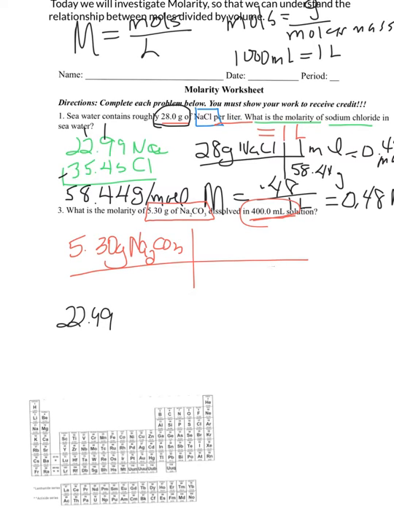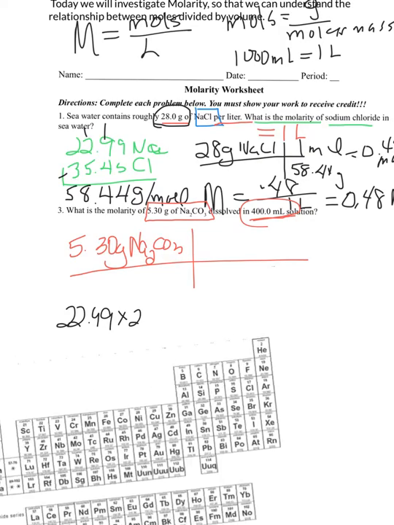22.99. All right, now I want to point out I don't just have one. One sodium is 22.99, but I don't have one. I have 2. So I need to multiply by 2. Then we have carbon.